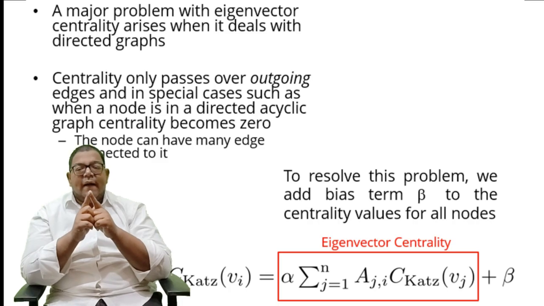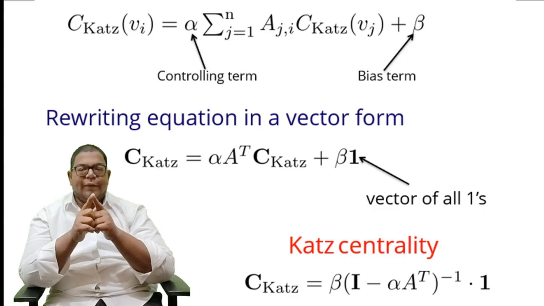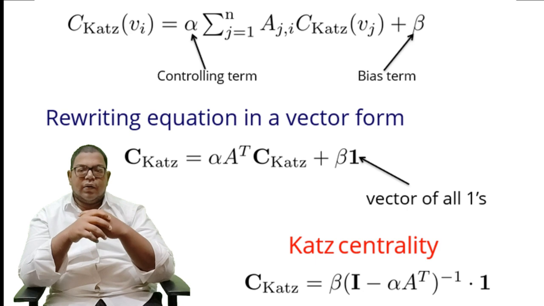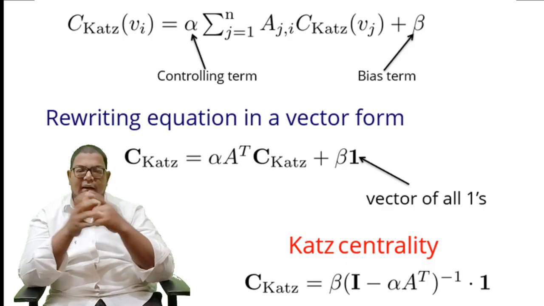So we have two extra terms here. There is alpha, which is a parameter that we call a controlling term, and we have beta, which is the bias term in this new measure called Katz centrality.